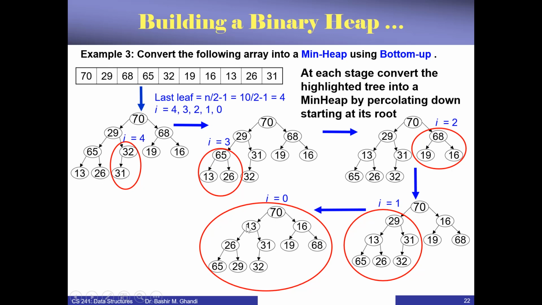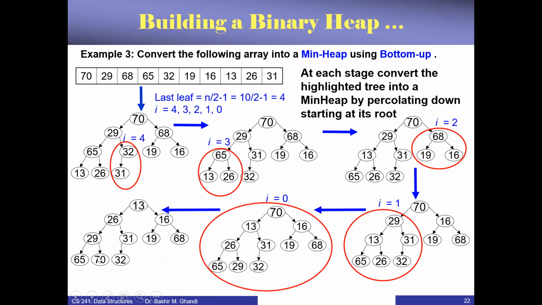And then you repeat. 70 against 26 and 31. 26 is smaller, so 26 will go up and 70 will be here. Okay, again 70 against 65 and 29, it is still bigger than both, and 29 is the smaller one. So 29 will go up and 70 will come down.